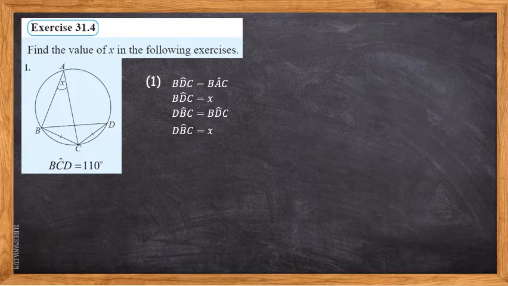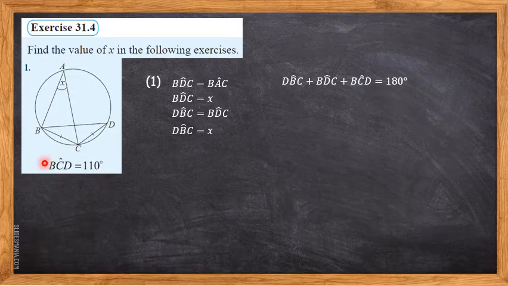Then, we can write that DBC plus BDC plus BCD is 180 degrees. බලන්න මේ angles තුනේම එකතු අපි ගත්තොත් that is 180 degrees using sum of interior angles of a triangle. You don't have to write reasons. Then let's substitute. Here DBC is x, BDC is also x, then BCD is 110 degrees.